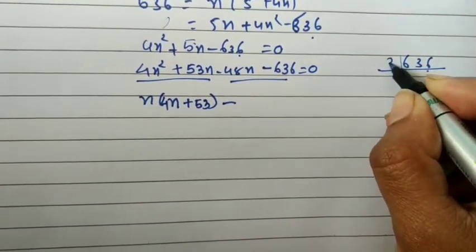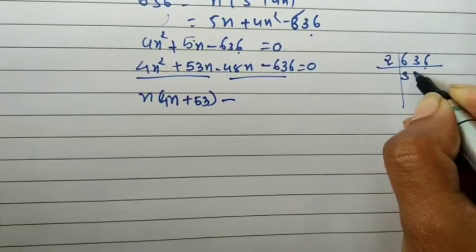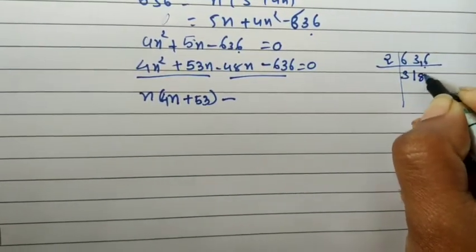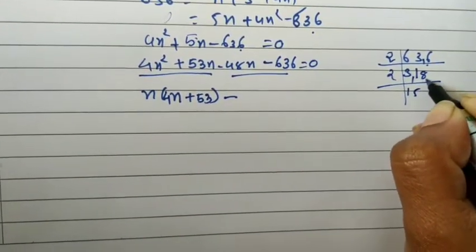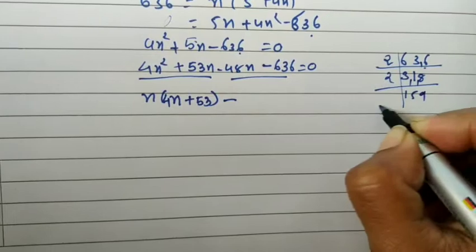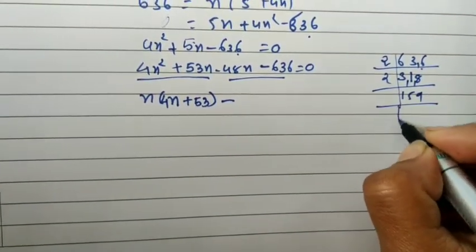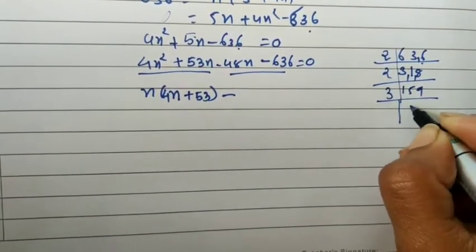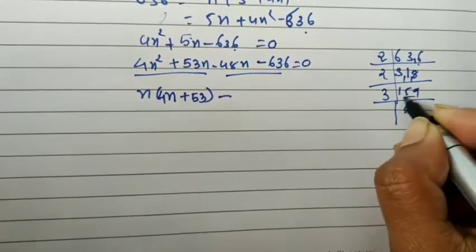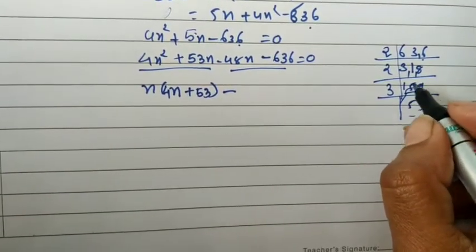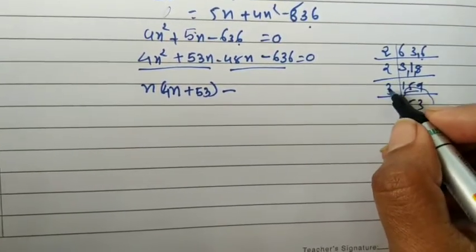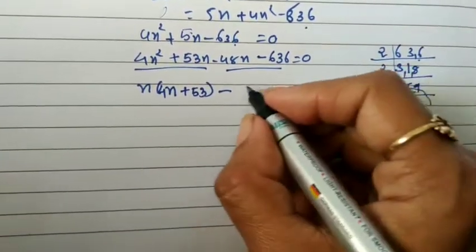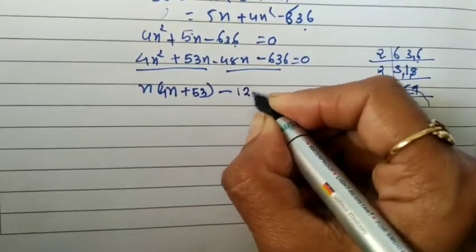So 2 ones are 2, 2 eights are 16, 2 fives are 10, and 2 nines are 18. Then 3 fives are 15, 3 threes are 9. So 53 will remain as it is. So the common thing in both of them will be 3 twos are 6, 2 sixes are 12. So let us take 12 common.